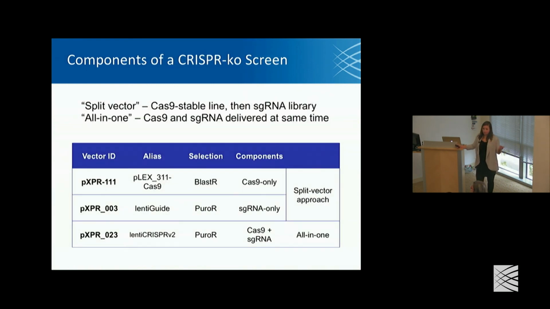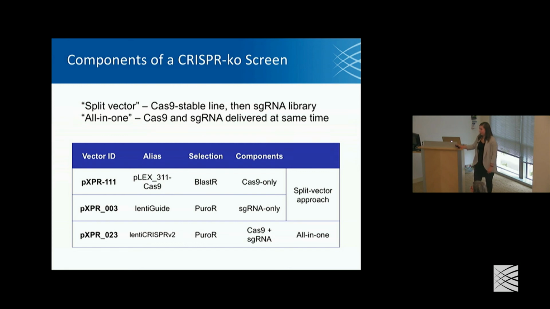So in order to execute a CRISPR screen, there's two components. You need your Cas9 and you need your guide RNA. And there's two different ways you can approach it with CRISPR knockout. We have our split vector or our lenti-guide approach, where you would do an infection to establish Cas9 in a cell line. You would then do a second infection, which would deliver your guide RNA in a separate vector.